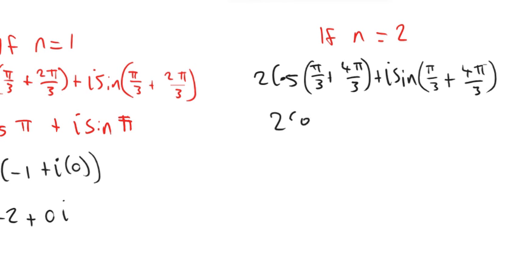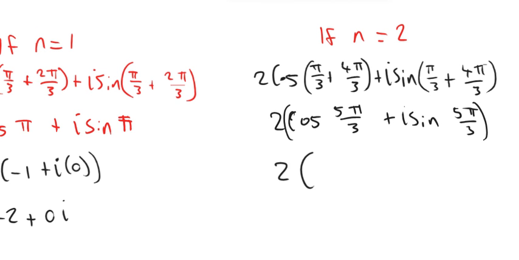So that's 2 cos of 5 pi over 3 plus I sine 5 pi over 3. So cos of 5 pi over 3, we should get a half. So that's all the way around in the fourth quadrant then. So cos of pi over 3 will just be a half, and it's positive there.